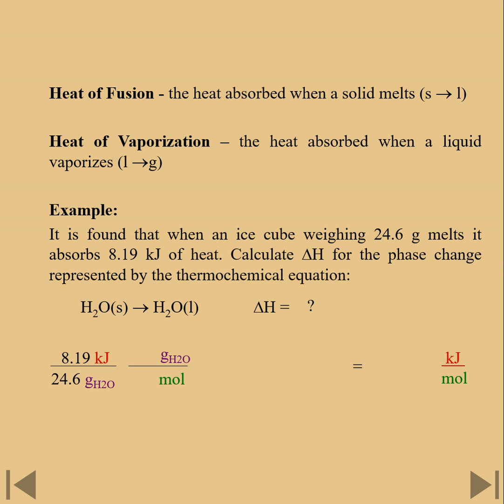There's your most common calculation in all of chemistry, going back and forth between grams and moles. And the molar mass, 18.0 grams per each mole, and when I put this on my calculator, I come up with 5.99 kilojoules per mole. And note how I was able to complete the thermochemical equation by writing delta H equals.